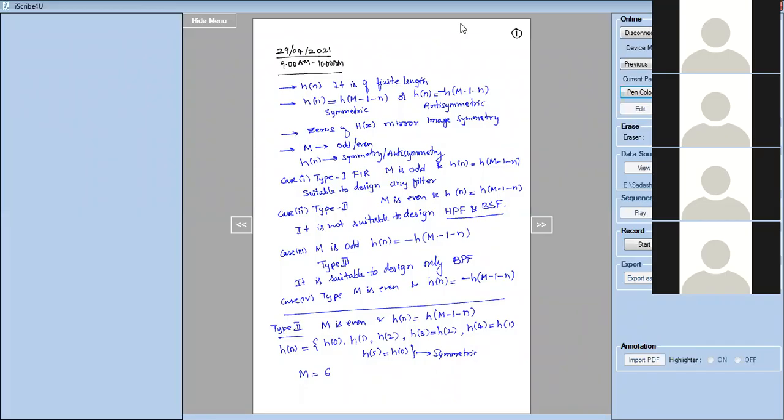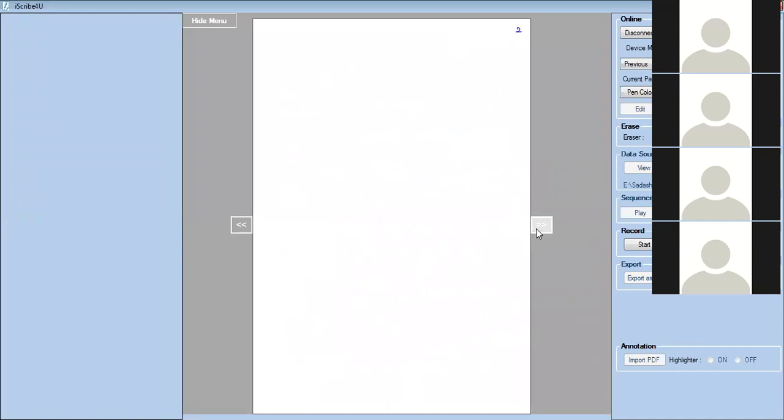Now let me go to the next page. I will consider H of z, where H of z is equal to h of 0 plus h of 1 into z inverse plus h of 2 into z to the power of minus 2 plus h of 3 into z to the power of minus 3.